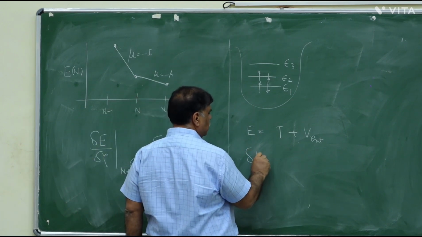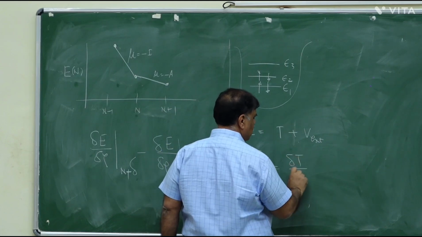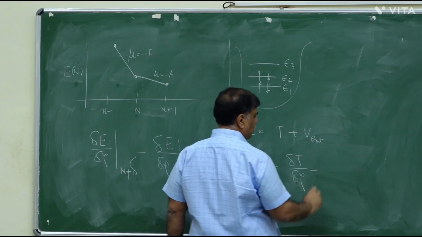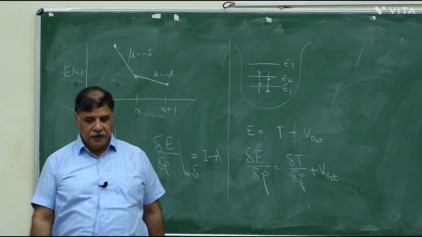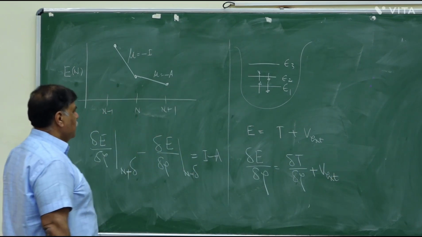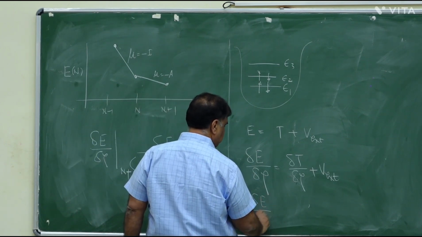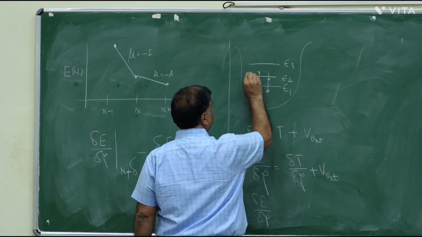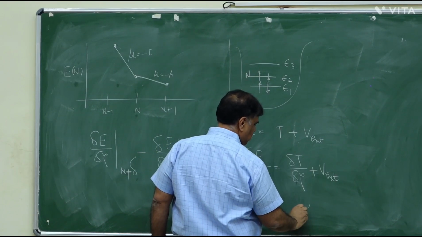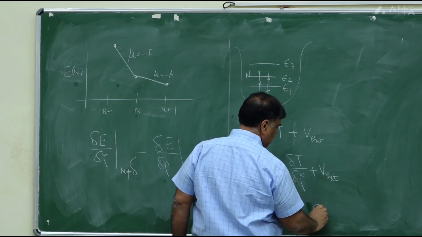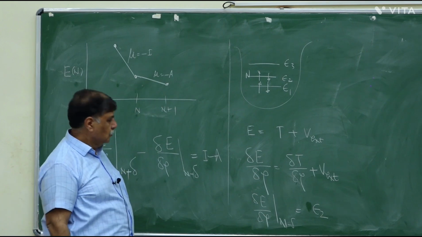Delta E, delta rho is going to be delta T, delta rho plus V external, right? If I remove an electron, delta E, delta rho at N minus delta is going to be minus epsilon 2, right?